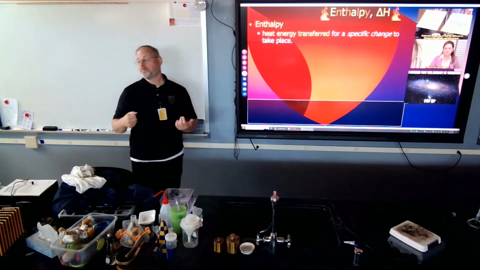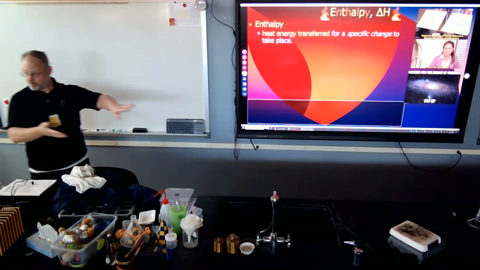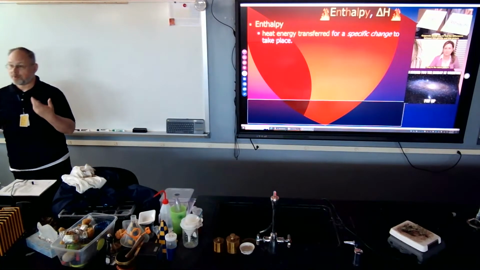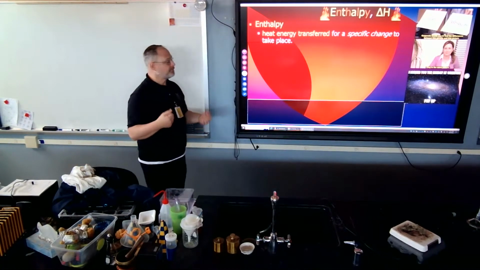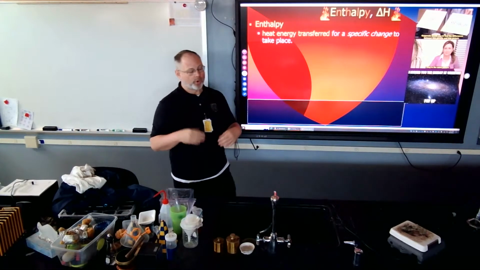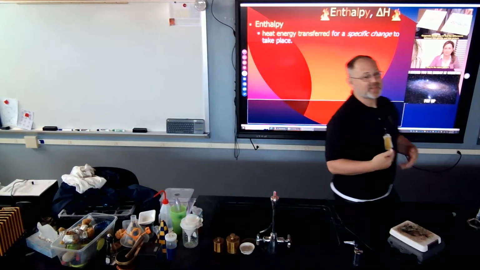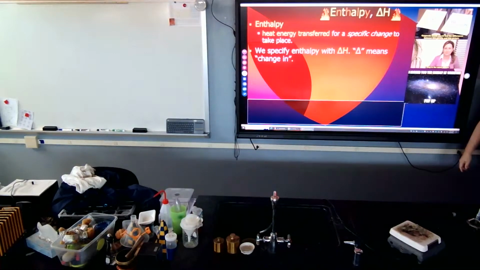Now, sometimes systems require heat to move forward. That's called endothermic. This is a word you learned 4 years ago and also last week. So endothermic requires heat to go, while exothermic releases heat as it goes. Again, the delta is important.